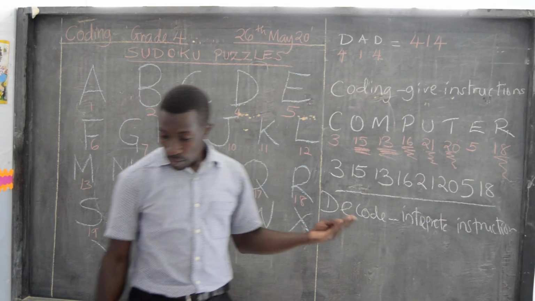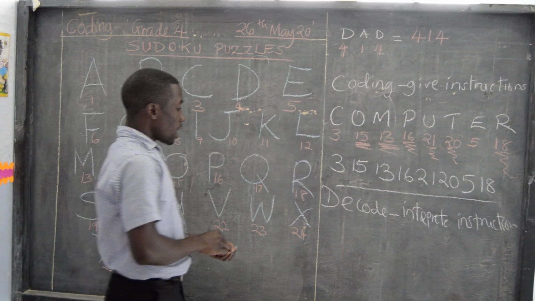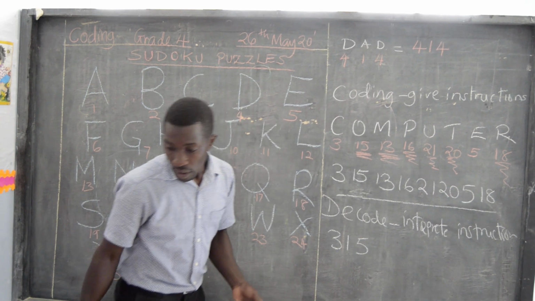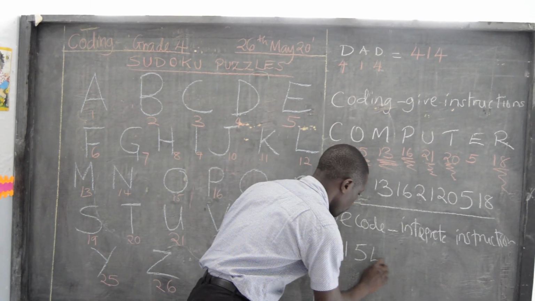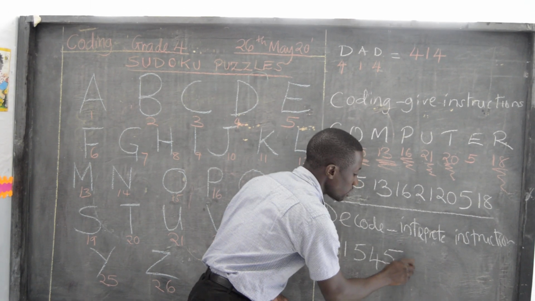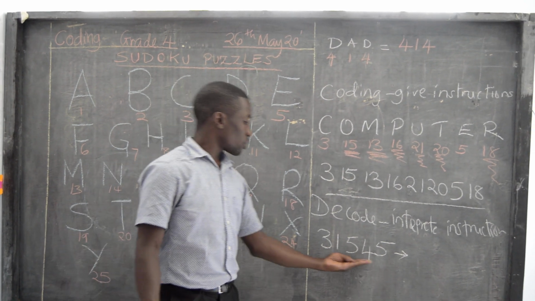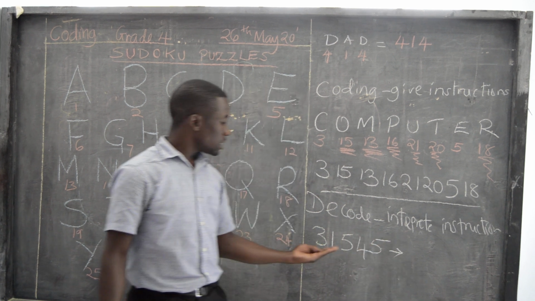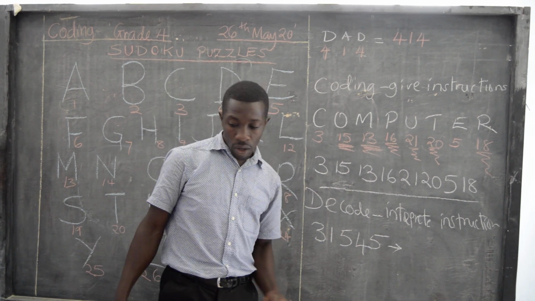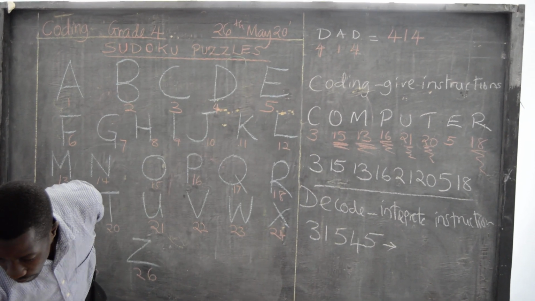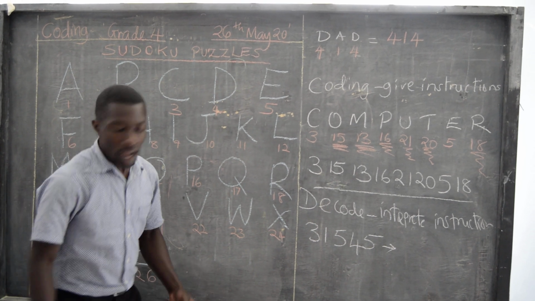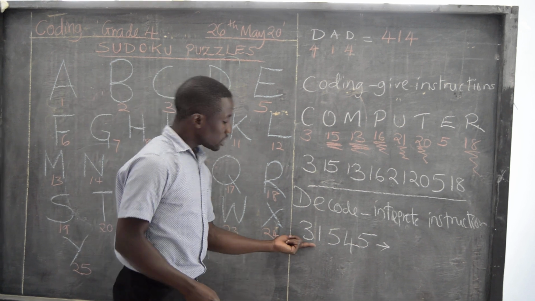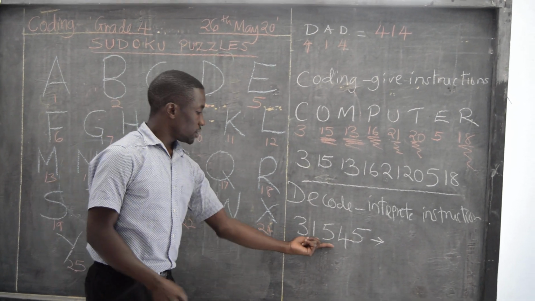We have an example that I gave you, the numbers 3, 15, 4, 5. Now I want us to interpret this code and get the meaning of this particular word. So this one is 3, 15.